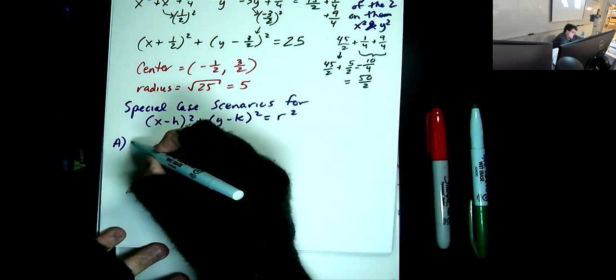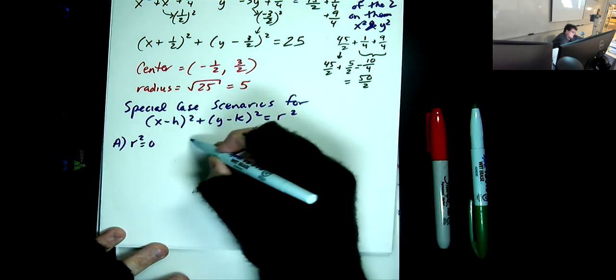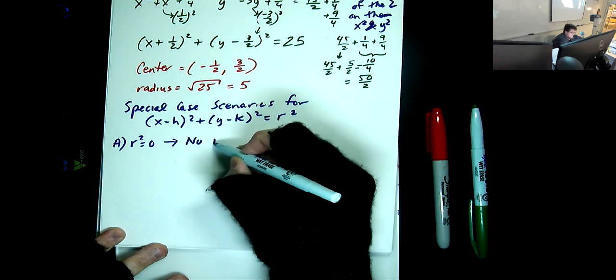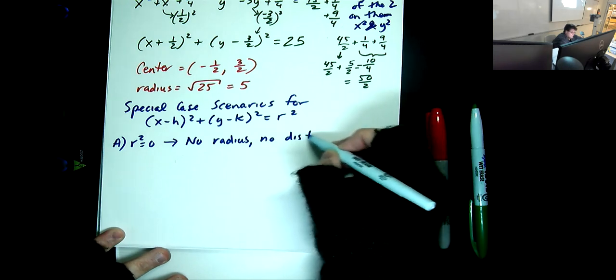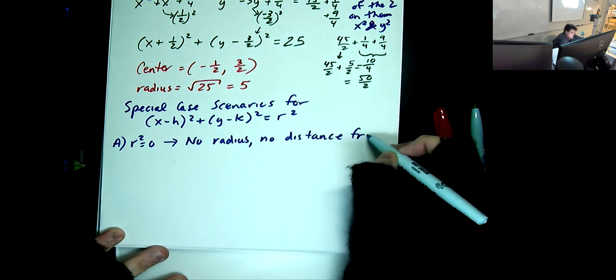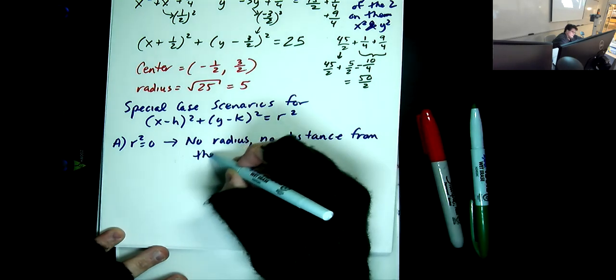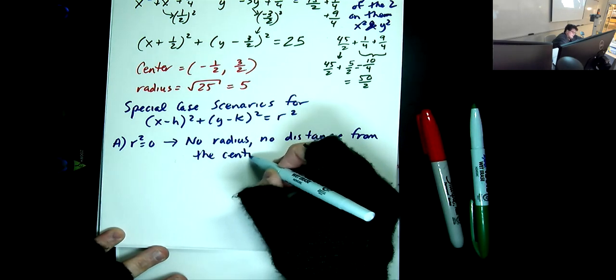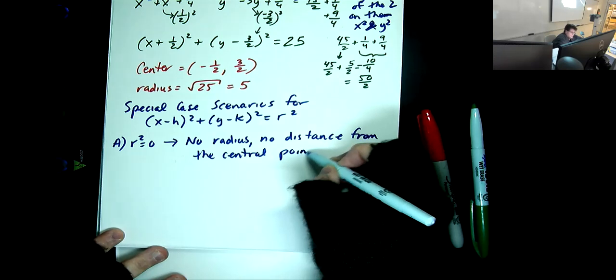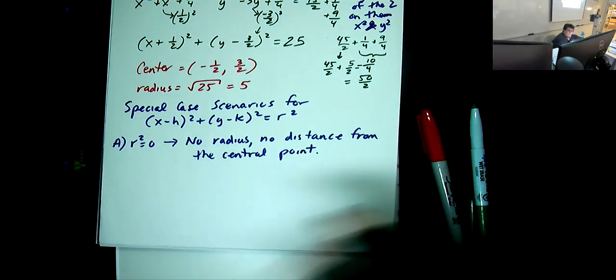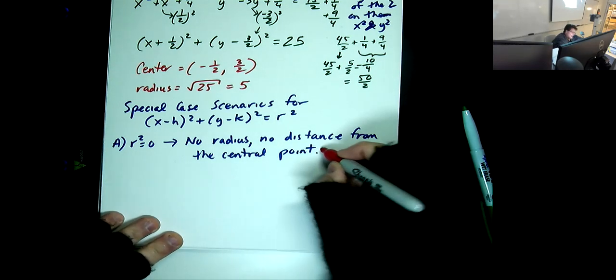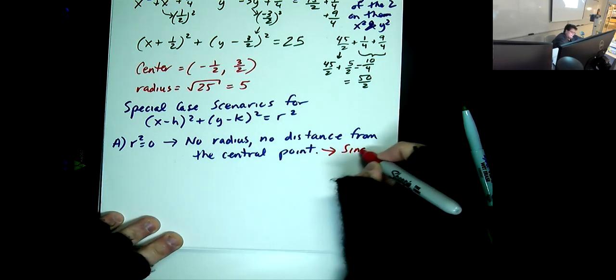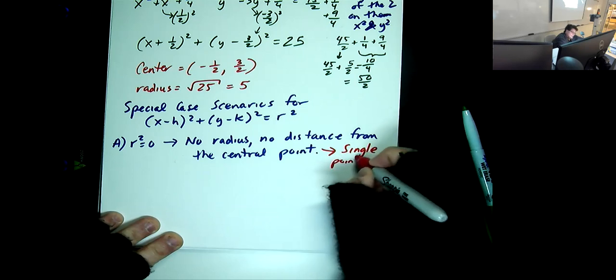Case A, when r squared equals 0, we have no radius, which means no distance from the central point. And if we don't have any distance from the central point, we at least have the point at the center. All we have is a single point. The center.